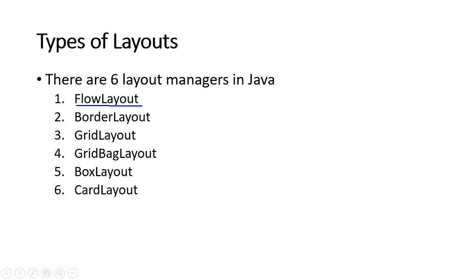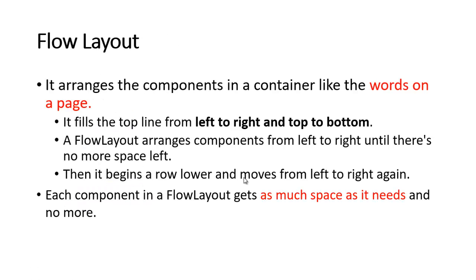The first one is the flow layout, and this is the simplest one. The second is the border layout. The next is the grid layout. The fourth is the grid bag layout. The fifth is the box layout, and finally the sixth is the card layout. Now let's look at each one of them one after the other.